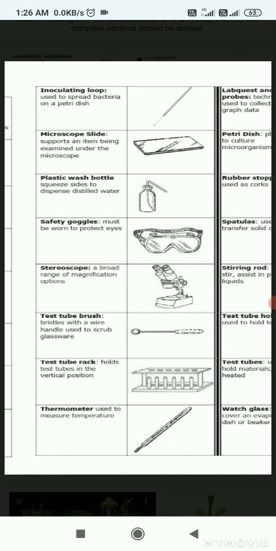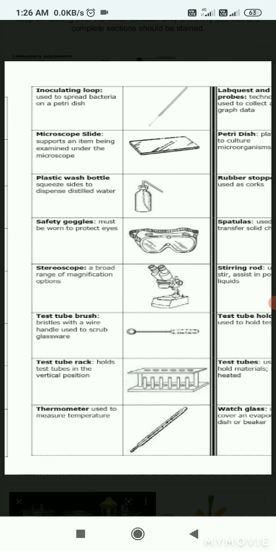This is the inoculating loop. Then this one is the microscope slide. Below that there is a plastic wash bottle, and these are the safety goggles which are used to protect our eyes. Then this is the stereoscope which has a broad magnification. Then this is the test tube brush. This is the test tube rack.